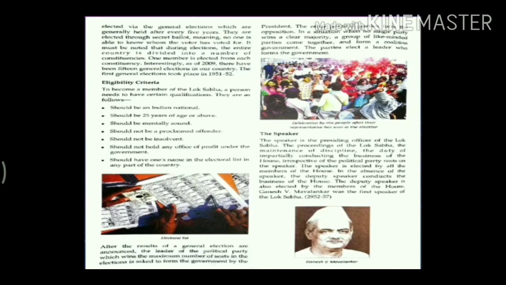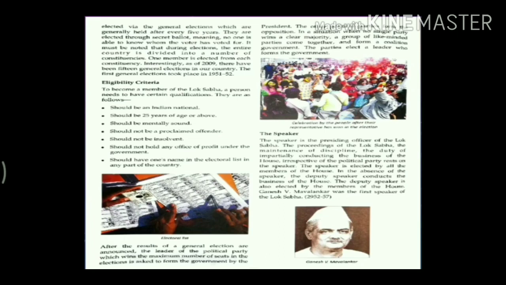People from these parties will be nominated for the Lok Sabha, isn't it? If from all these 552 seats the majority of members are elected from one party, that party is going to rule for 5 years. They are going to govern the country for 5 years, directed by the president. The other political parties form the opposition. They become the opposite party of the concerned party.